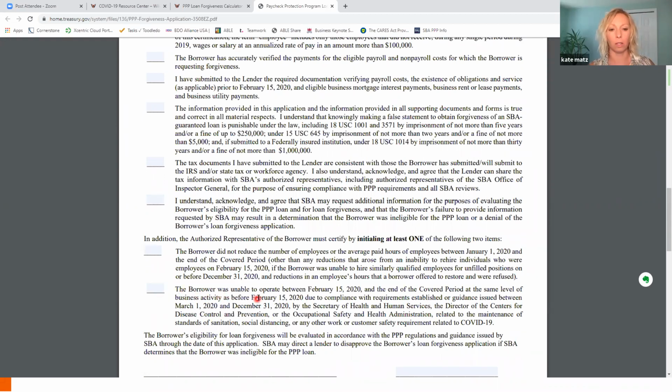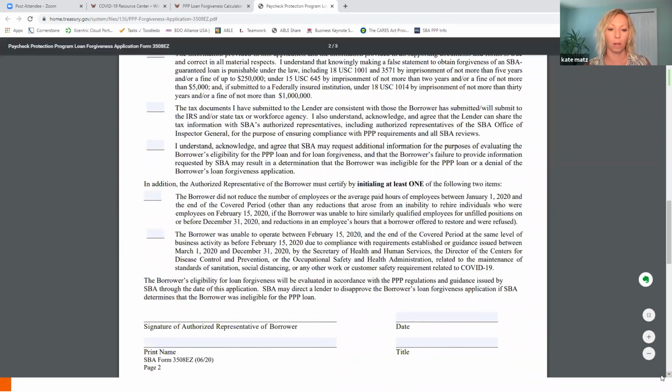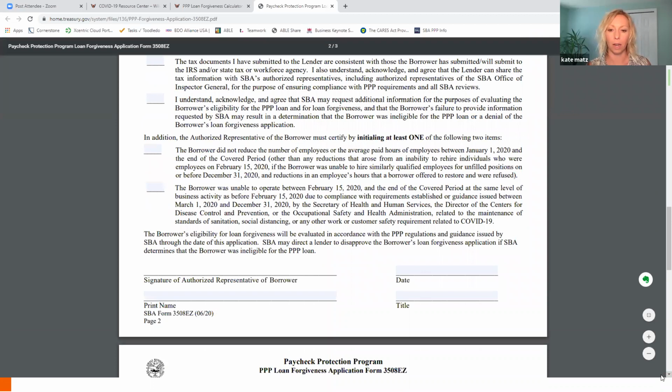This is the same language that we have here in the EZ application instructions talking about this reduced level of business activity. So we couldn't operate at our pre-COVID level because we were following government guidelines or mandate. So you'd initial that box instead. Sign and date, and that would be the end there.